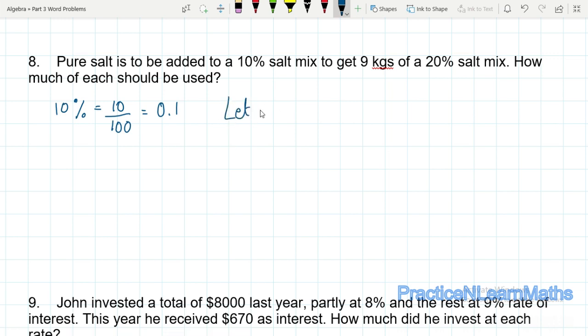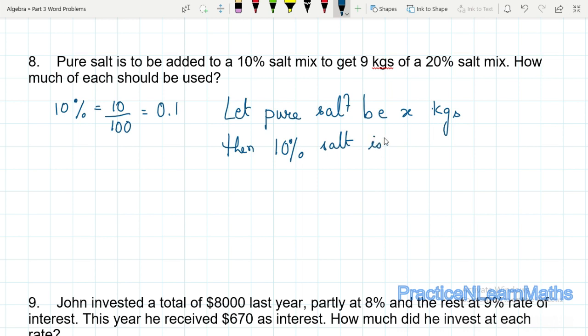Let pure salt be x kgs. Then 10% salt mix is 9 minus x kgs.